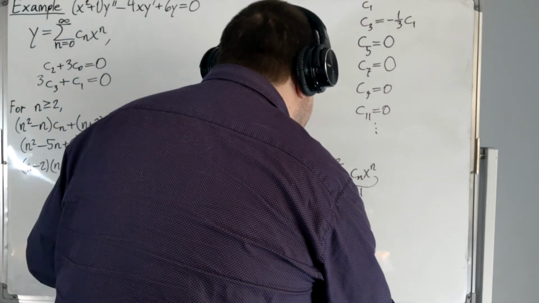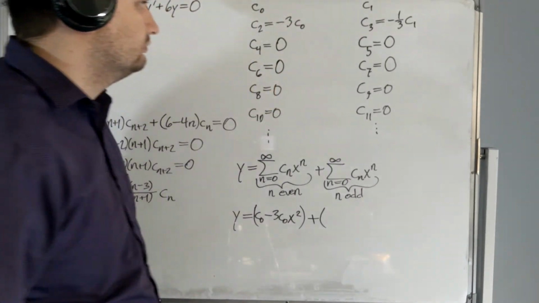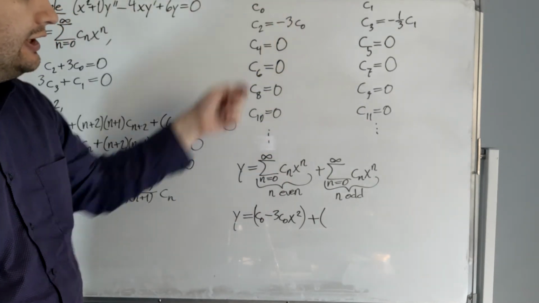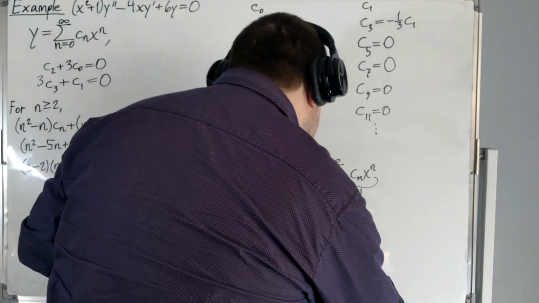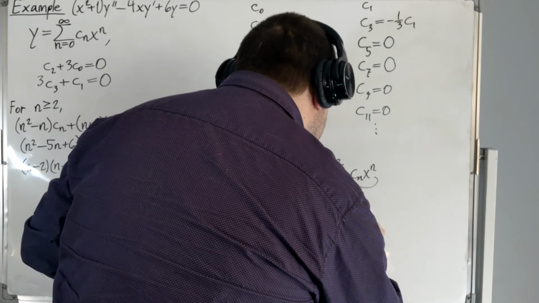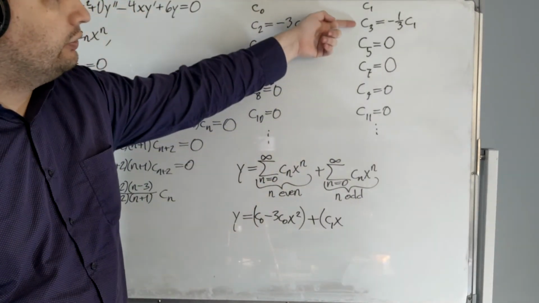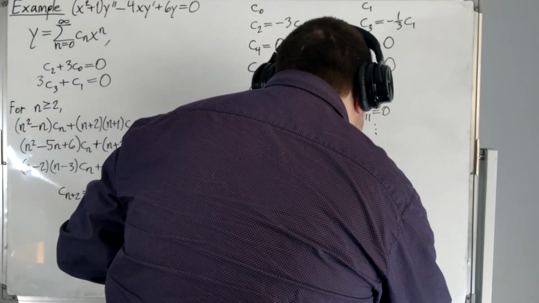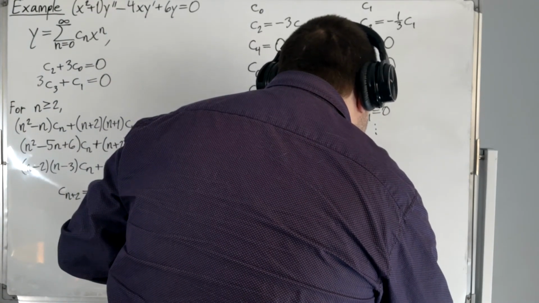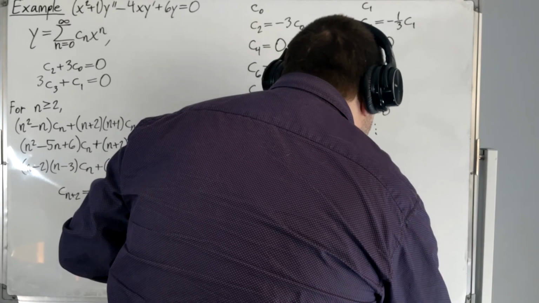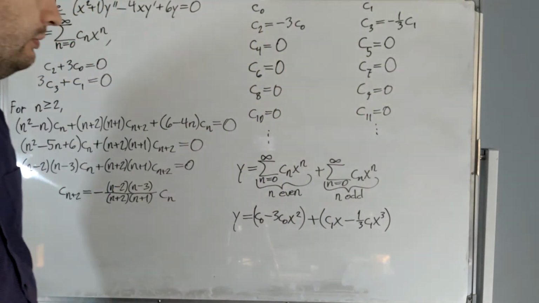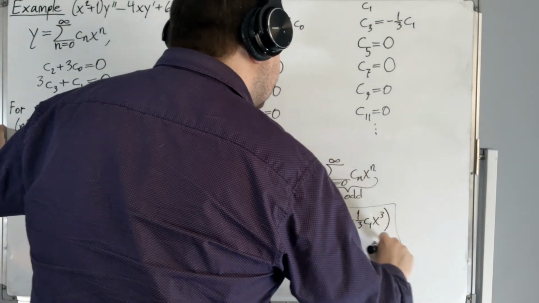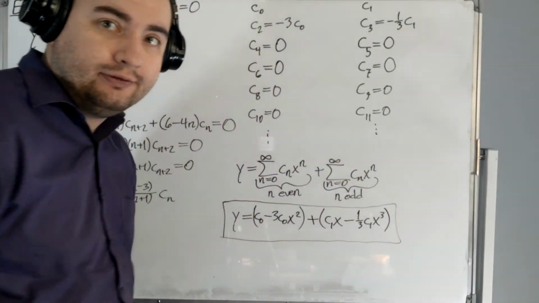Then over here we have plus C1 times x to the 1 minus 1/3 C1 times x to the 3rd. And then everything else is 0. So then, this is the general solution of our ODE.